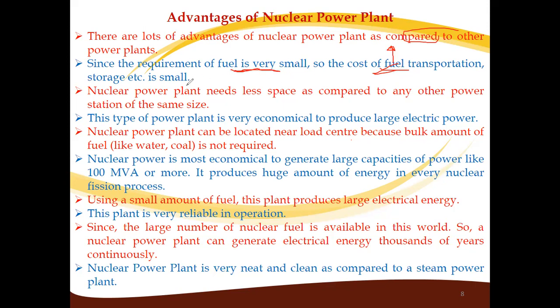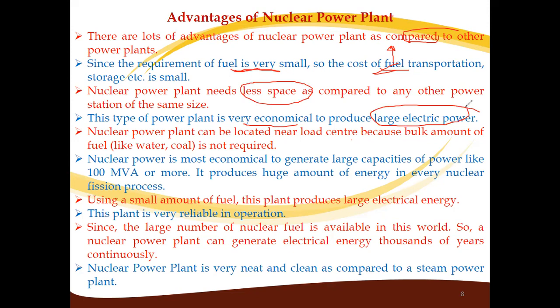Second, a nuclear power plant needs less space as compared to any other power plant, be it a hydropower plant or a nuclear power plant of the same capacity. Third, a nuclear power plant is very economical to produce large electricity.